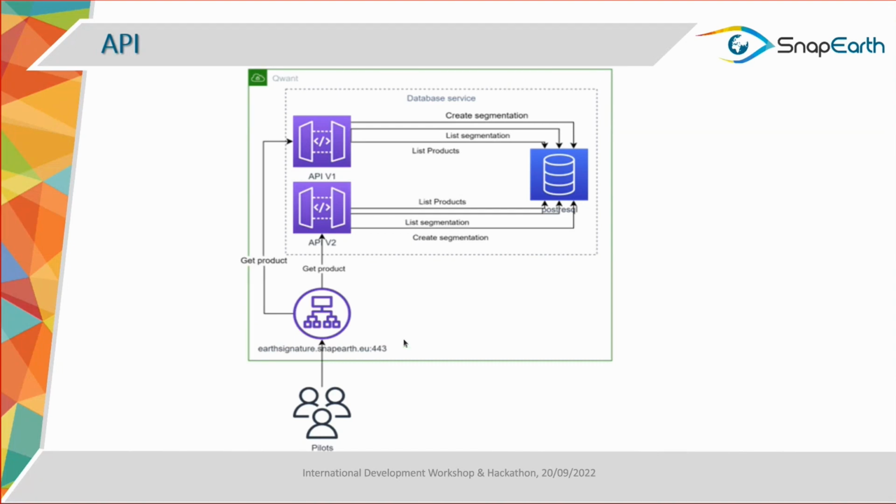The first one is list products. Basically, when you request the list products endpoint, it will give you all the available data we have in the database, so all the satellite images that have been processed. And when you call the list segmentation endpoint, it will give you the raster or the segmentation data.